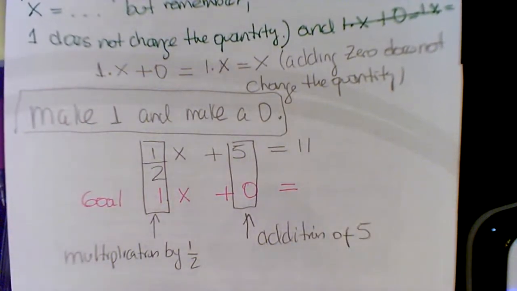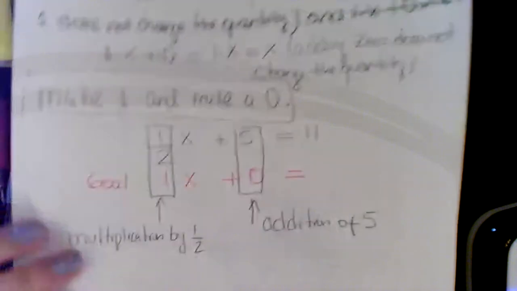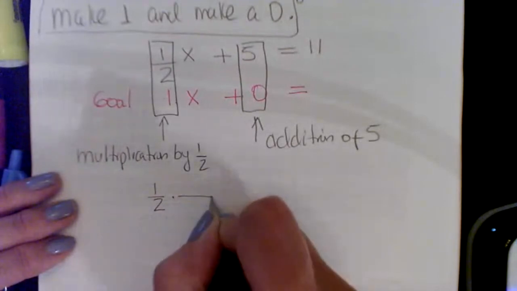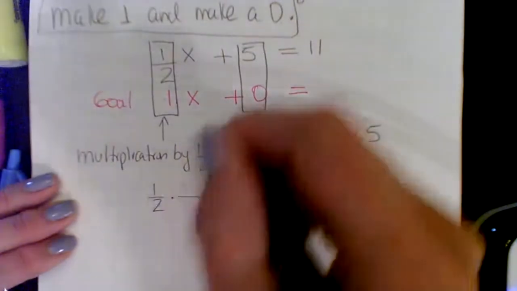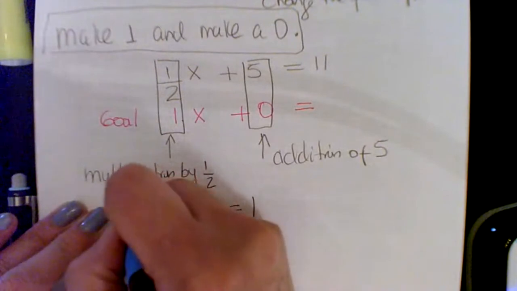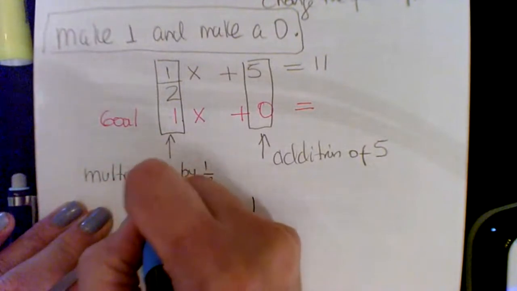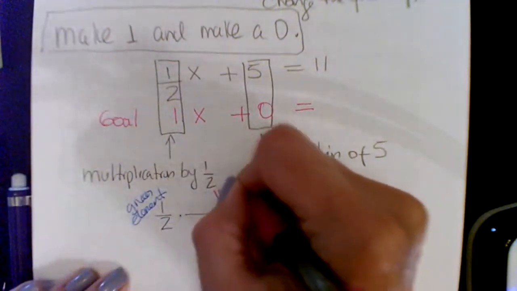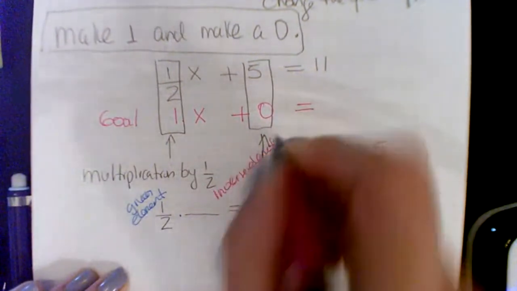Now, what are the inverse elements of this? The given element is this one, and this one is the inverse. So what do I need to do?